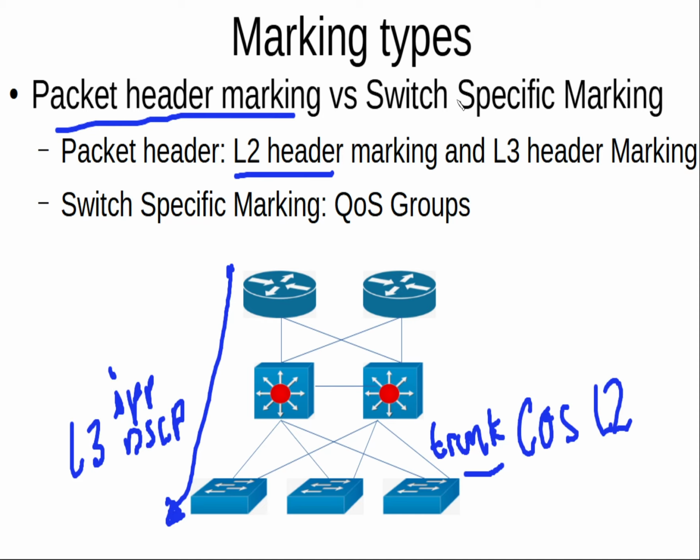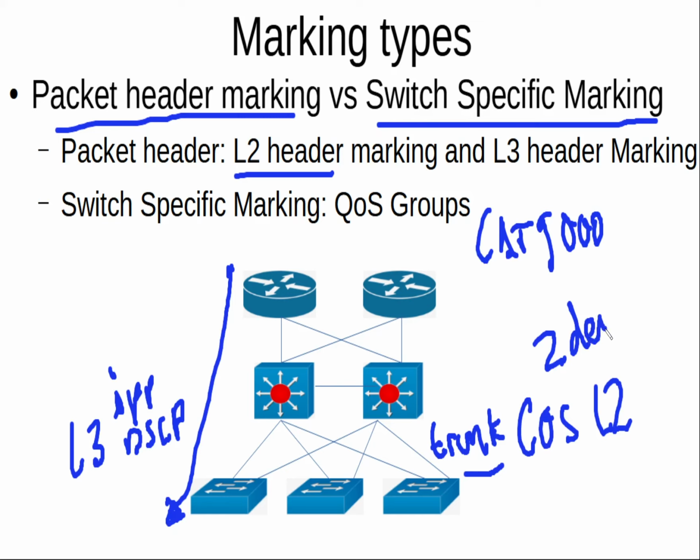The other new feature that we have in Catalyst 9000 is that we can use something that is known as switch-specific marking. Notice that when you're using QoS, you have 2 devices that will share the QoS marking. For instance, this device and this device.